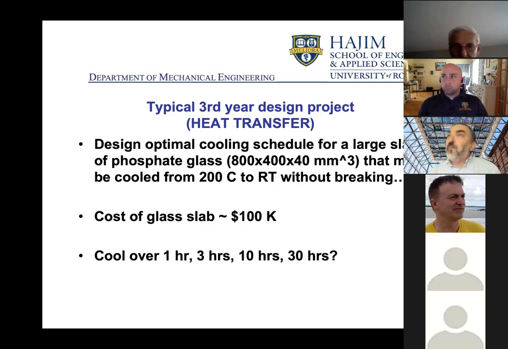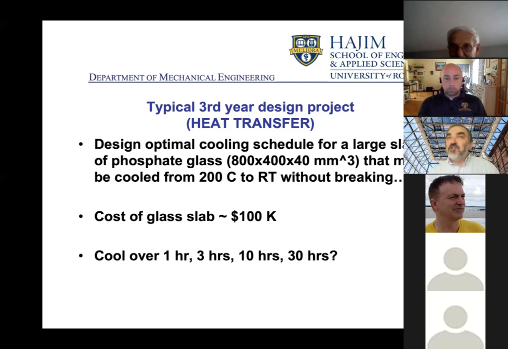This is a large optomechanical design project to design an optimal cooling schedule, how to best cool a large piece of very expensive glass that must be cooled from 200 degrees to room temperature without breaking. Just to give an idea, this is a piece of glass that's about a meter by half a meter in size, maybe 10 inches thick.